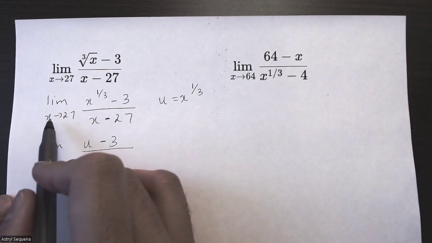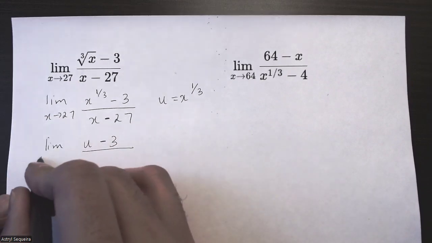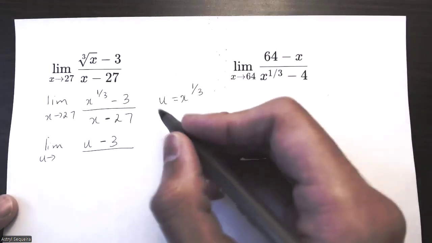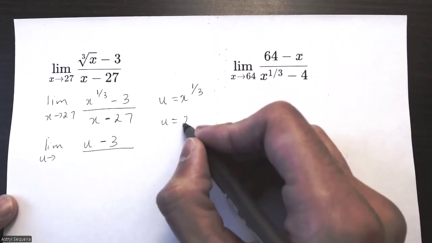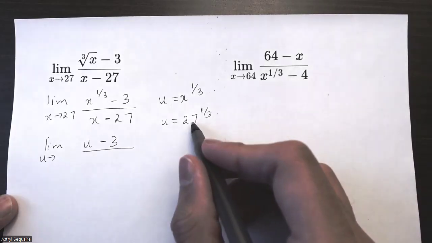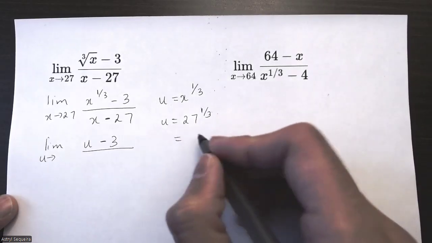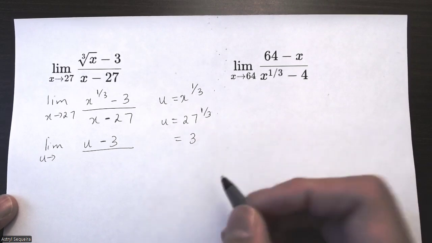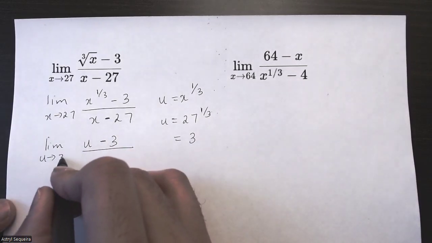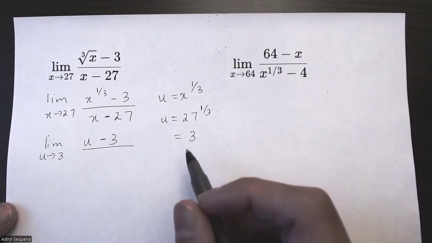I need to figure out what u will approach over here. So when x approaches 27, I'm just going to sub in 27 for my x and calculate my u. 27 to the power of 1 over 3 is just 3. So as x approaches 27, u approaches 3.